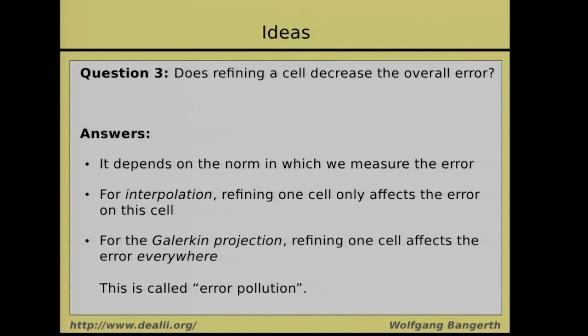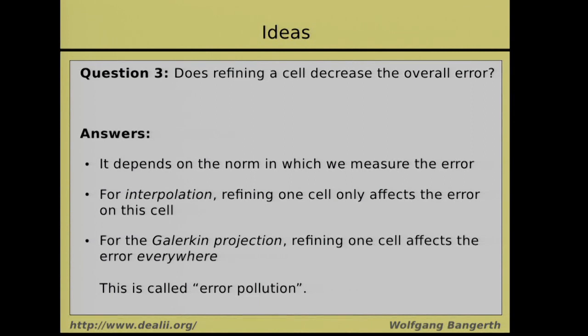And this process is typically referred to as error pollution, and it leads to strange effects. So if you have, for example, a reentrant corner, for example, the traditional L-shaped domain where we test many things, then you will often find that in order to bring down the error, what you really need to do is refine only in the corner where the corner singularity is, and that it is enough to refine there to bring down the error in other parts of the domain as well.